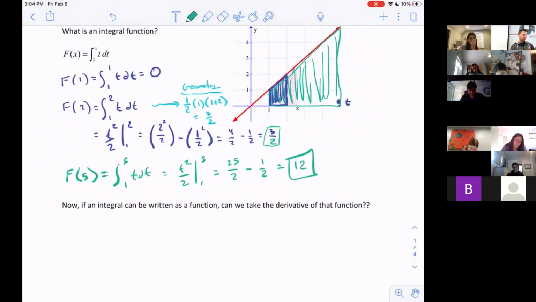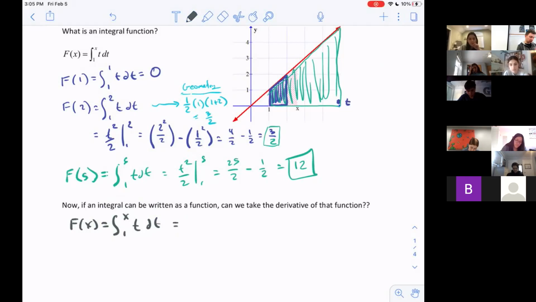We have a function now, capital F of x. What if we take the derivative of it? Well, let's start with that function. Up above here, we evaluated it at certain points, 2, 5. But we could evaluate this in terms of x.